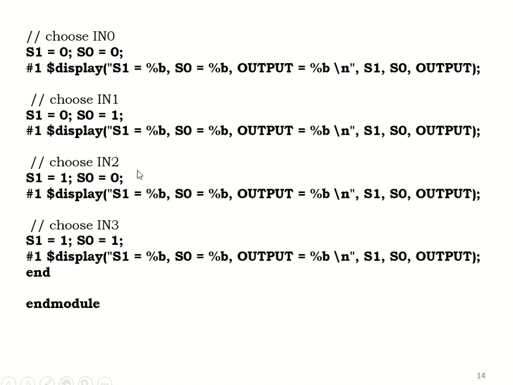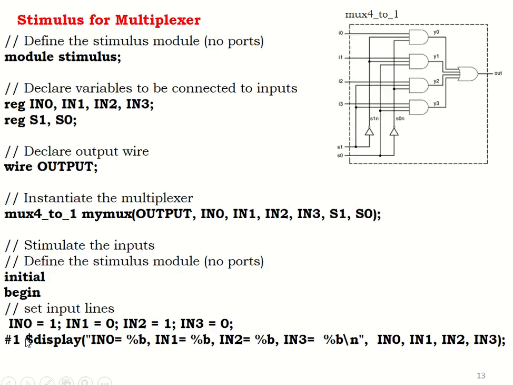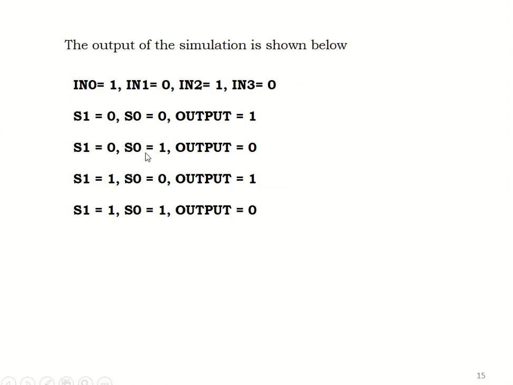With respect to this code, we have written all the display statements, so in the output of the simulation we will get the values like this. The first values are because of this display keyword I used over here. With these input values it is displayed as it is.